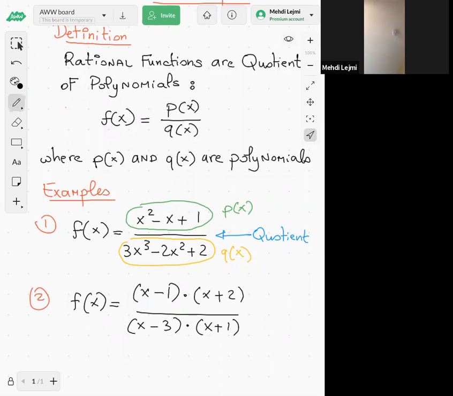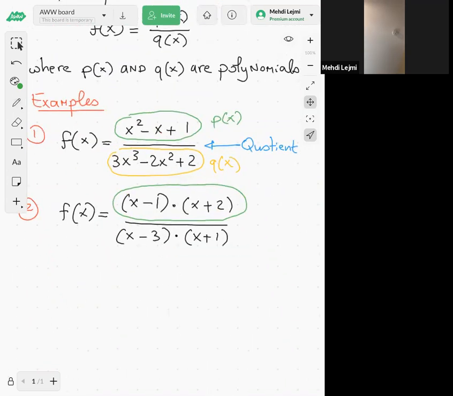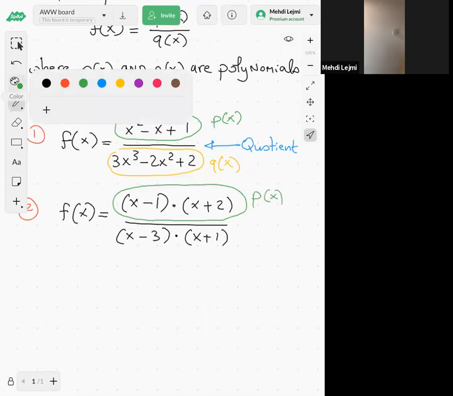Is the top a polynomial? Well, the answer is yes. This is p of x, and the denominator is called q of x.